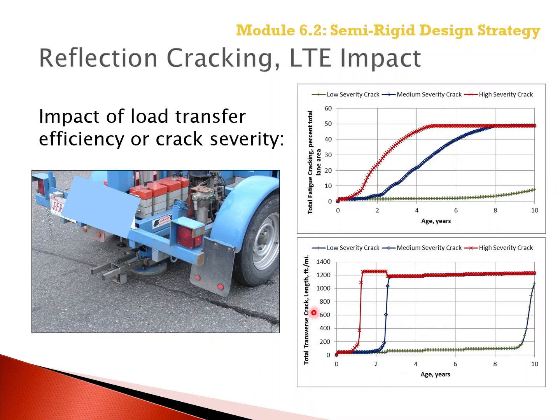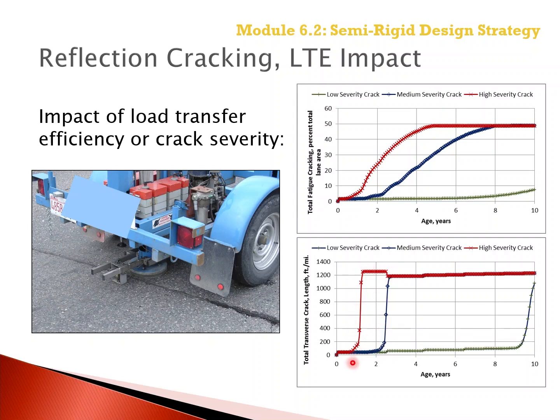For thermal cracking, basically the same thing is true. This shows the total transverse cracks, feet per mile, as a function of age. The green is the low crack severity, or a load transfer efficiency of about 85%. The blue is a moderate crack severity, which is a load transfer efficiency of 50% or a little greater.